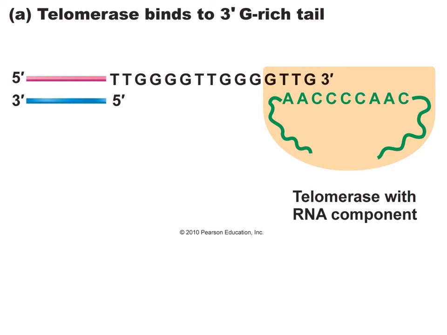The telomerase has a little bit of RNA in it that is complementary to bits of this G-rich tail. You can see here that it has a little stretch, AAC, that is complementary to the very tip of this single-stranded bit of DNA.